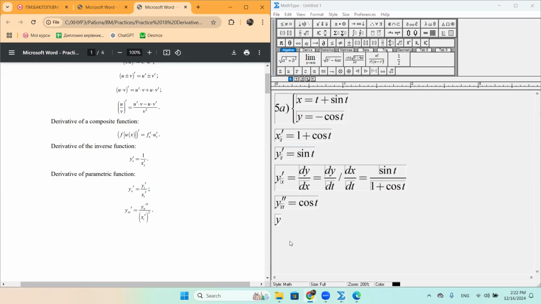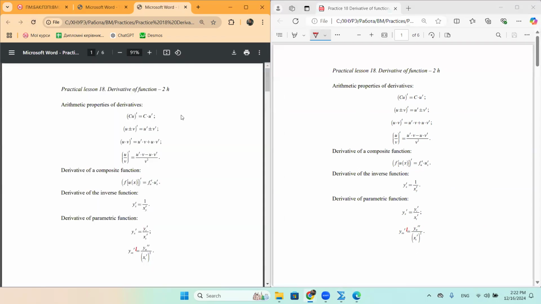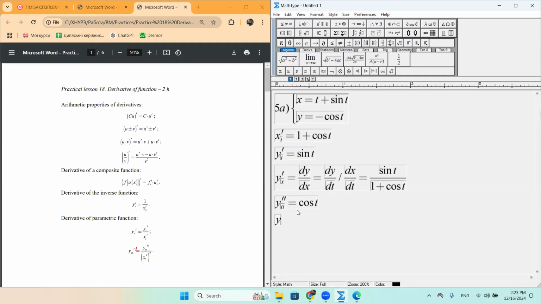Mistake here. So two primes basically. So cosine of t divided by 1 plus cosine of t in power of 2.